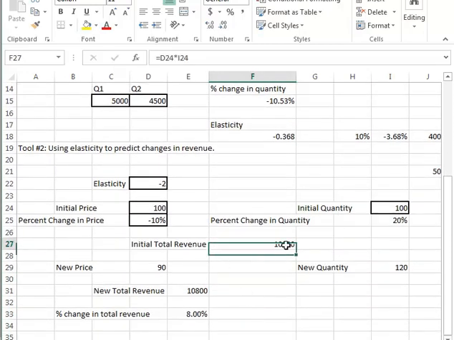Our old sales revenue, I passed over it initially, was our old price times our old quantity. So we're going to calculate the percentage change between initial total revenue and our new level of total revenue. And you might be able to eyeball it in this particular case that it's an 8% growth, but if not, we can go ahead and calculate the percentage change using that formula right there.